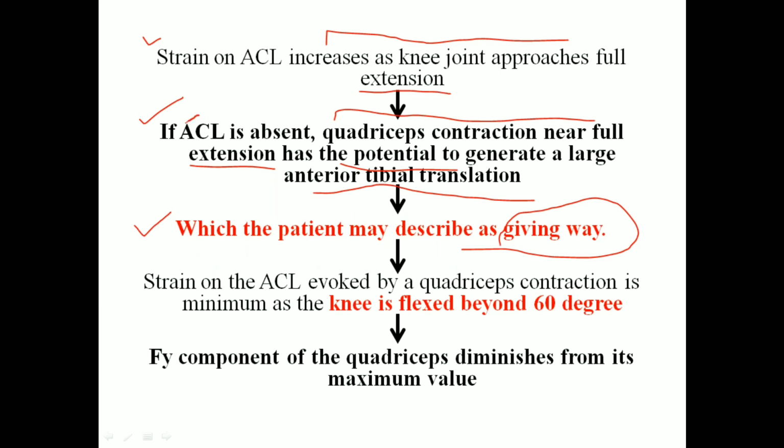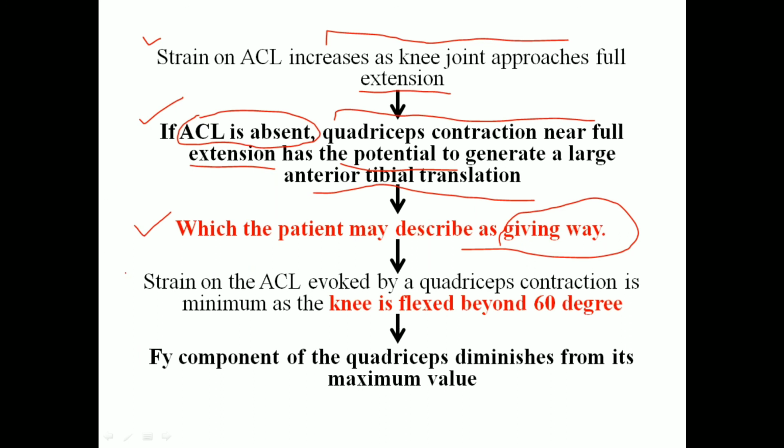Why? Because the ACL got damaged or is not present, and as we are walking, our quadriceps contracts, and the quadriceps tendon and the patellar tendon insertion on the tibial tuberosity has that much torque which can translate the tibia in the anterior direction.